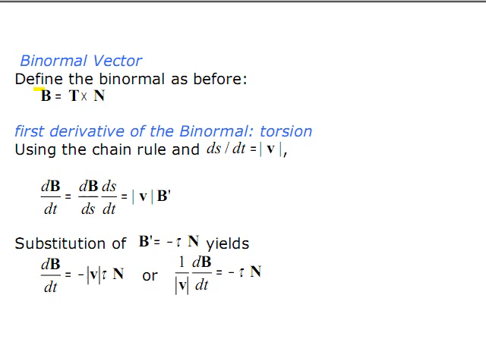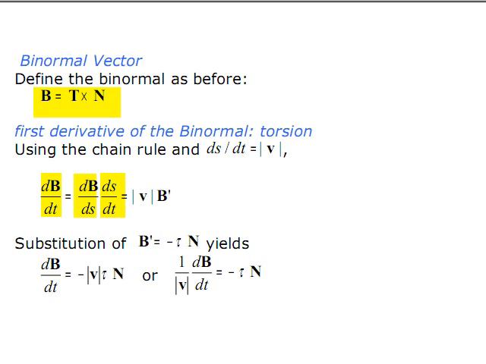The binormal is defined just as before. It's a cross product of the unit tangent and the unit normal. Now we're going to find the torsion by taking the first derivative of the binormal. If this sounds very familiar, it is. You're doing exactly the same steps. And now we're going to do again what we did for the tangent vector. We'll take the derivative with respect to s times ds by dt.